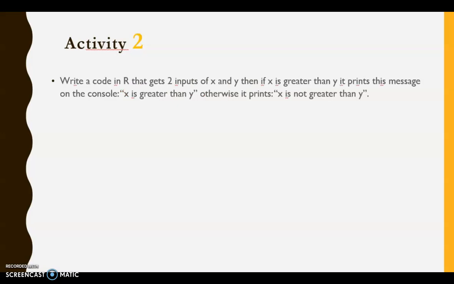Activity 2 says write code in R that gets inputs X and Y. Then if X is greater than Y, it prints the message X is greater than Y. Otherwise, it prints X is not greater than Y. So the activity wants you to notice the function ifelse is the same as those statements, and you can choose the one that fits your code and need the best.